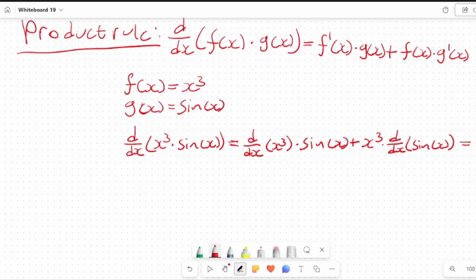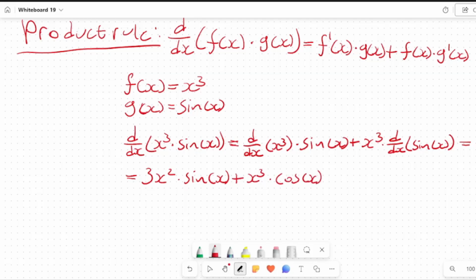So 3x squared times sine of x plus x cubed multiplied by cosine of x.